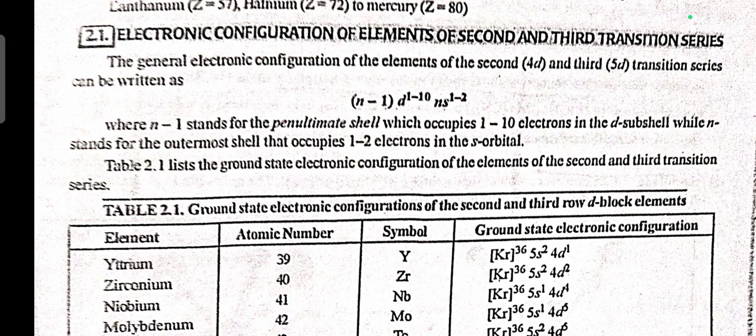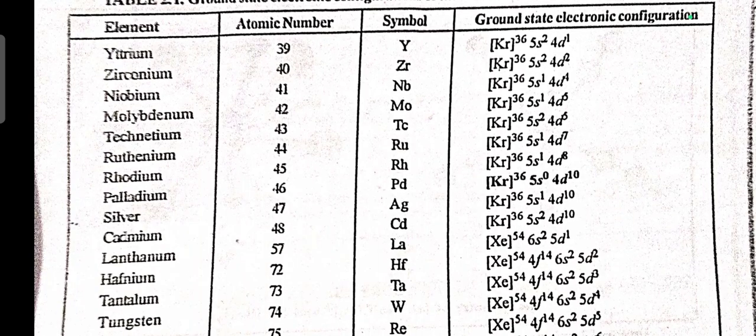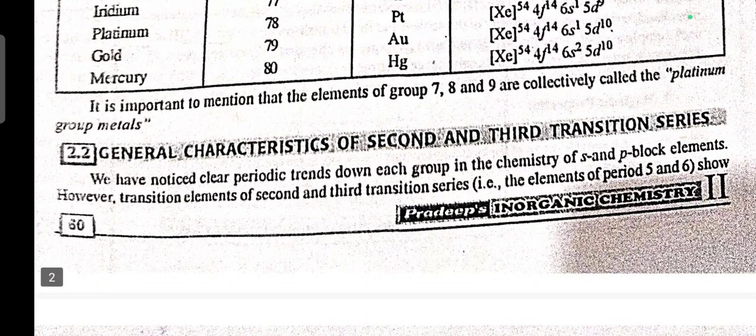Table 2.1 lists the ground state electronic configuration of the elements of the second and third transition series. It is important to mention that the elements of groups 7, 8, 9 are collectively called the platinum group metals.